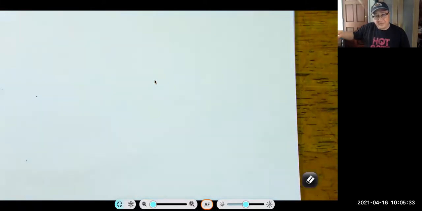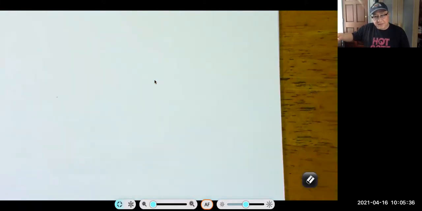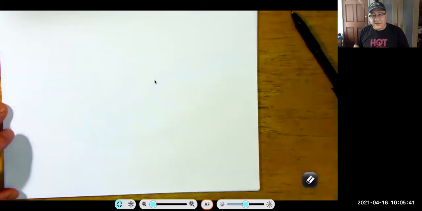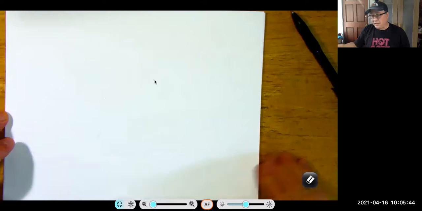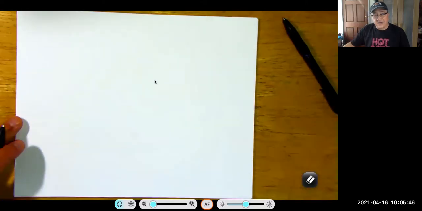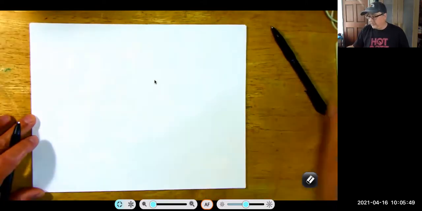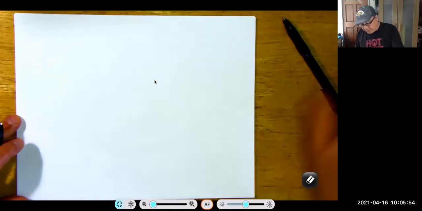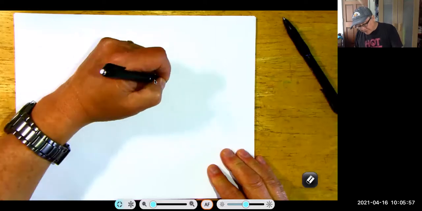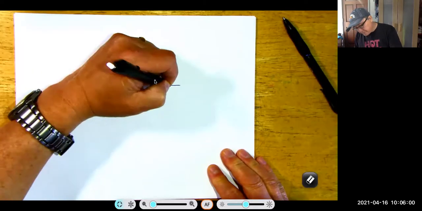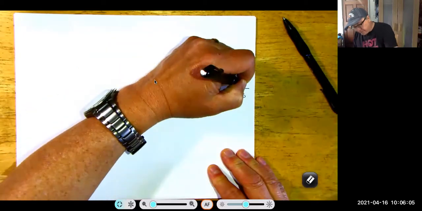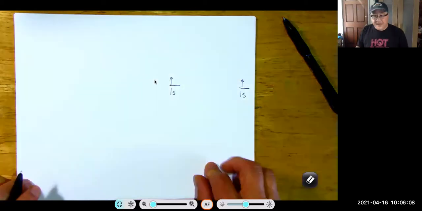Hopefully you can see my paper here. I'm going to zoom out a bit so I can show you. Whenever I think about the theory, I always draw a very simple molecular orbital diagram. This is the simplest molecular orbital diagram you can have. Imagine you have two hydrogen atoms, and these are your two hydrogen atoms.